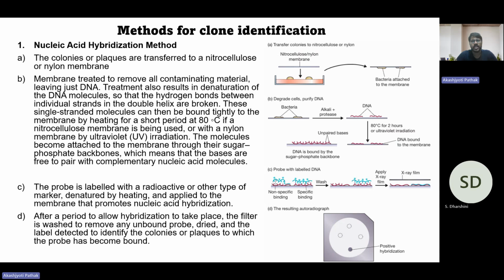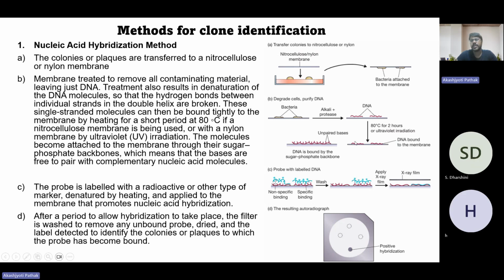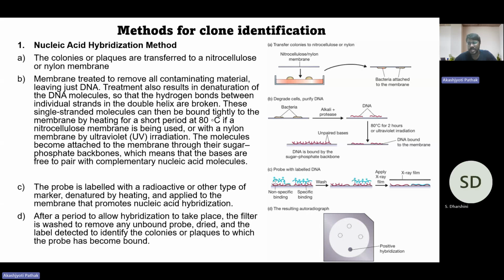Okay. So the colonies will be transferred onto your nitrocellulose membrane. Now what you do? In the next step, the colonies which have been transferred onto this membrane are lysed. They are lysed by treating with alkali and protease.